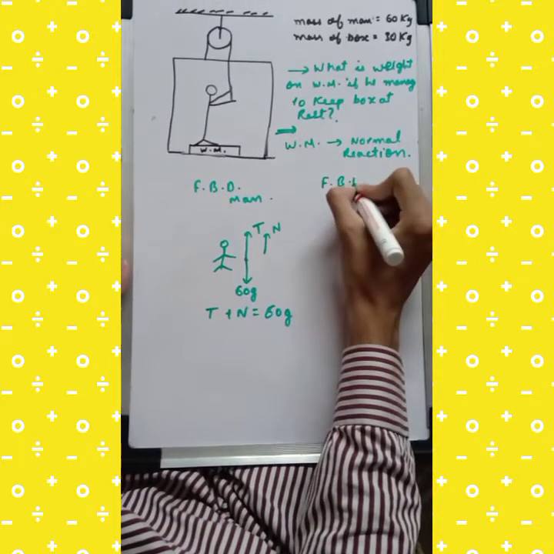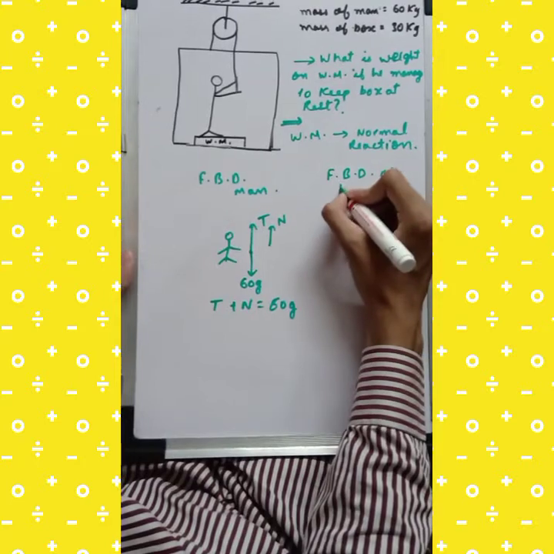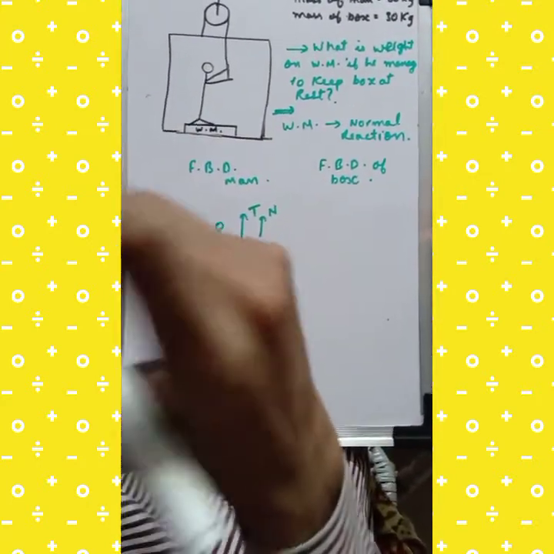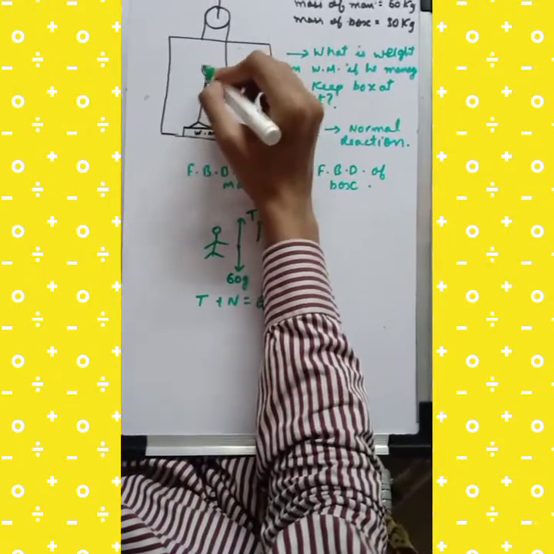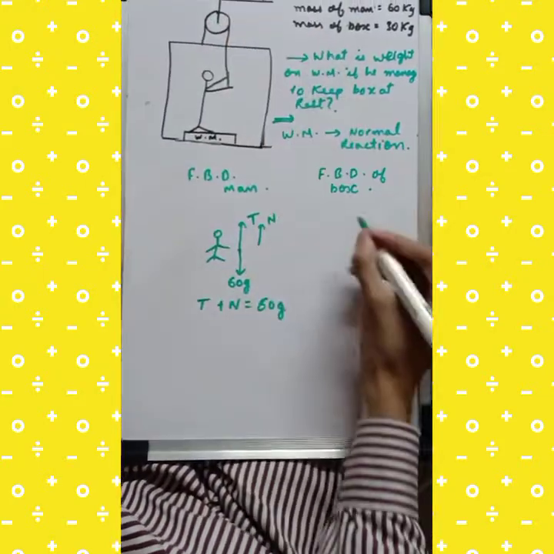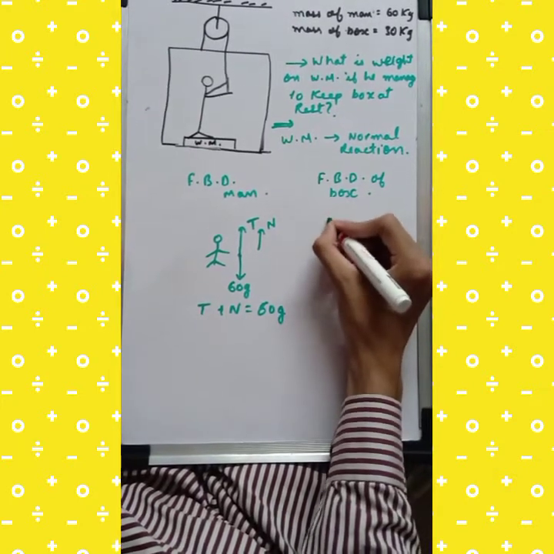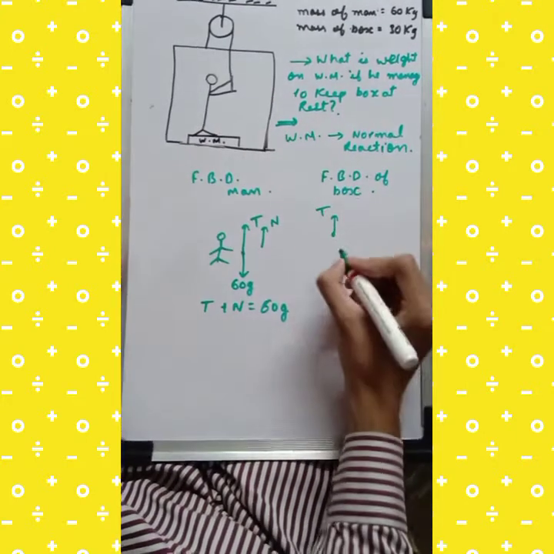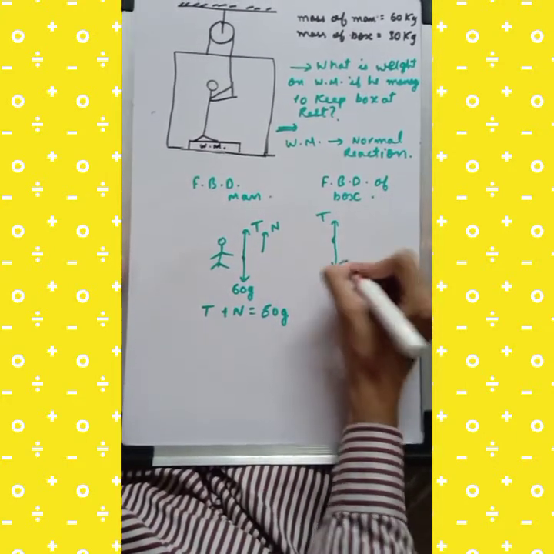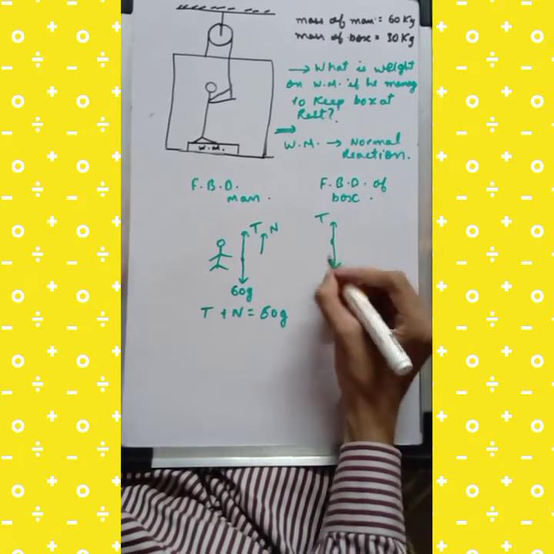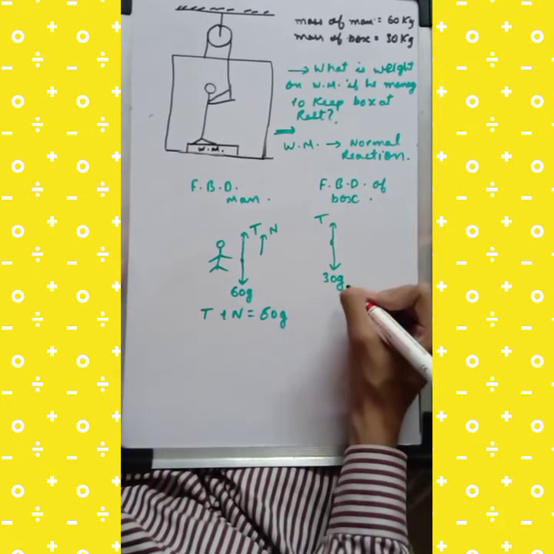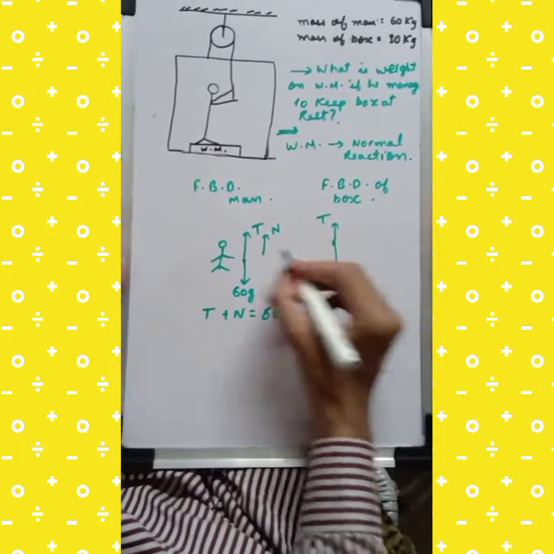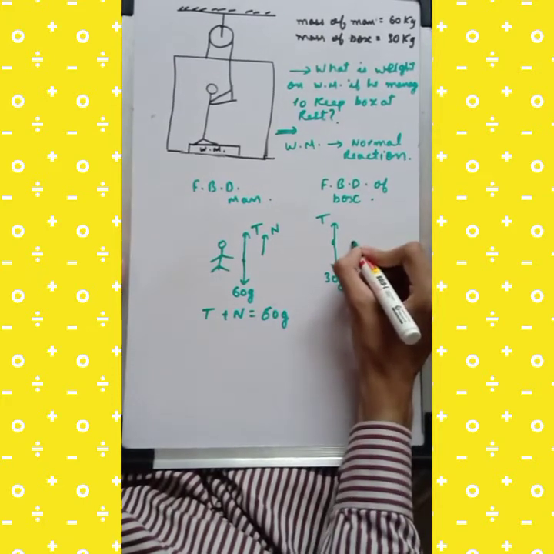Now we will look at the FBD of the box. The box is also at rest, so we will first write the forces. This is the rope which will be pulling it upwards, so let us call it T. The box has mass, so gravity would act downwards, which is equal to 30g, and the man is also standing and exerting a normal reaction, so that would be downwards.